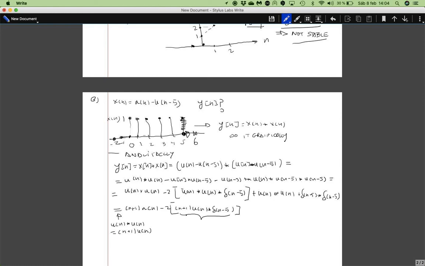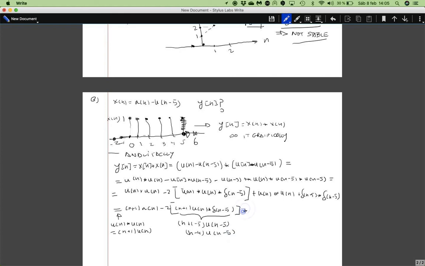So we just delay the function itself 5 units. So this will be (n plus 1 minus 5) u[n minus 5], and this is (n minus 4) multiplied by u[n minus 5].